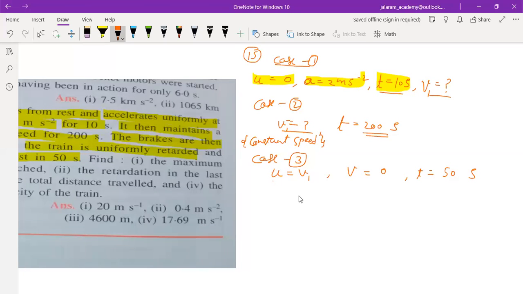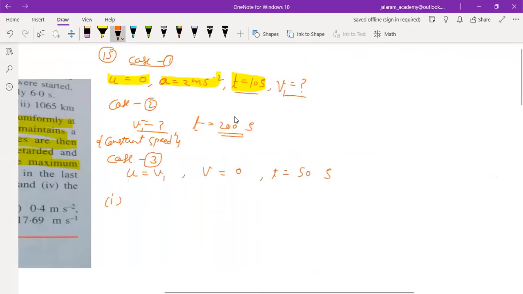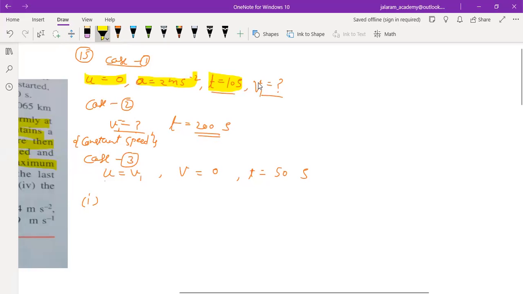So we can solve it with graphs or without graphs also. First of all, we will solve it without using the graphs. In the first part, we have to find the maximum velocity reached. And we already have discussed that the maximum velocity it has reached is V1. So how to find this? This we have to think first of all.